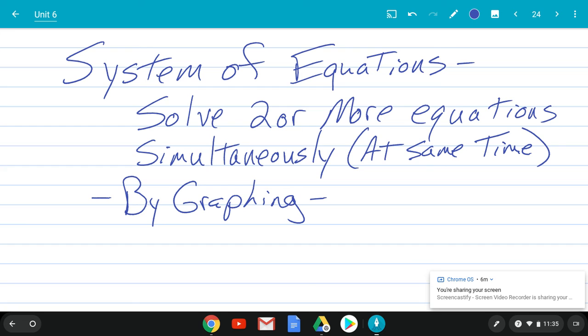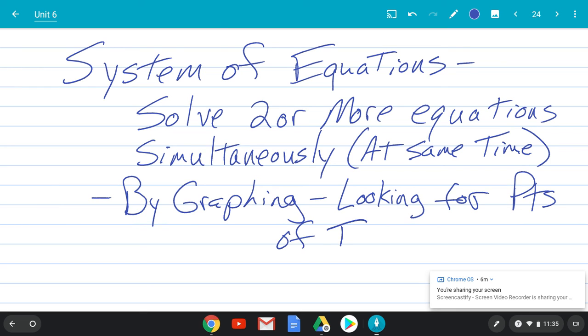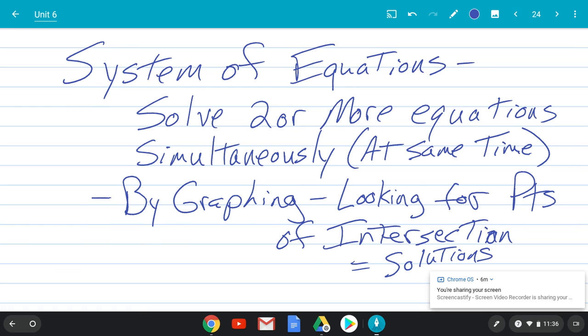When we're doing it by graphing, we are looking for points of intersection, and those are our solutions. No intersection, no solution. Intersect, solution. So there's section 6.4 in a nutshell.